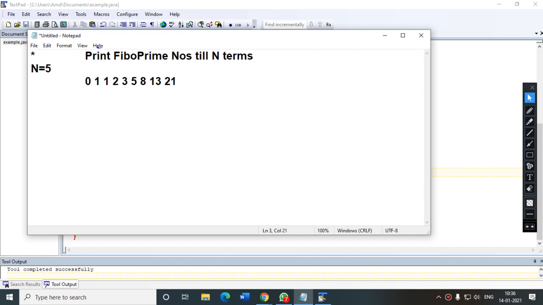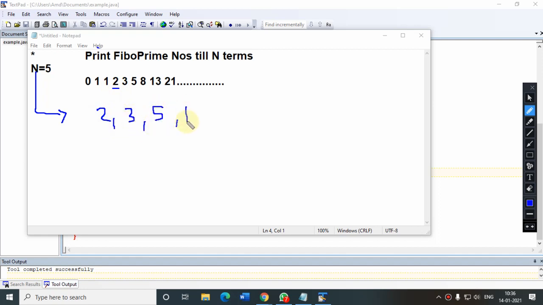So these are the Fibonacci terms. But then you need to print all those numbers which are prime also, like 2, 3, 5, 13 and so on. Am I clear, everybody? Yes, sir. And the Fibonacci series starts from 0, 1, 1. Please try this.